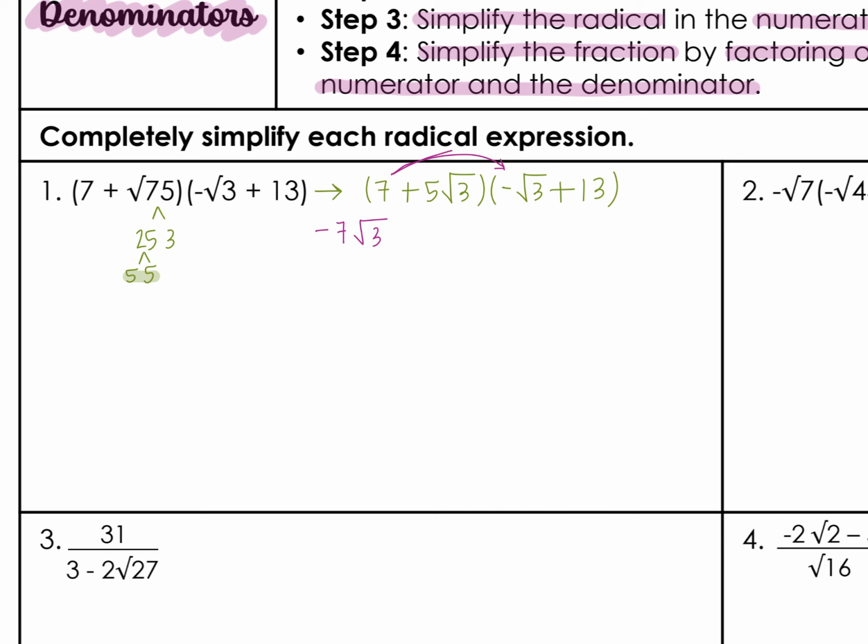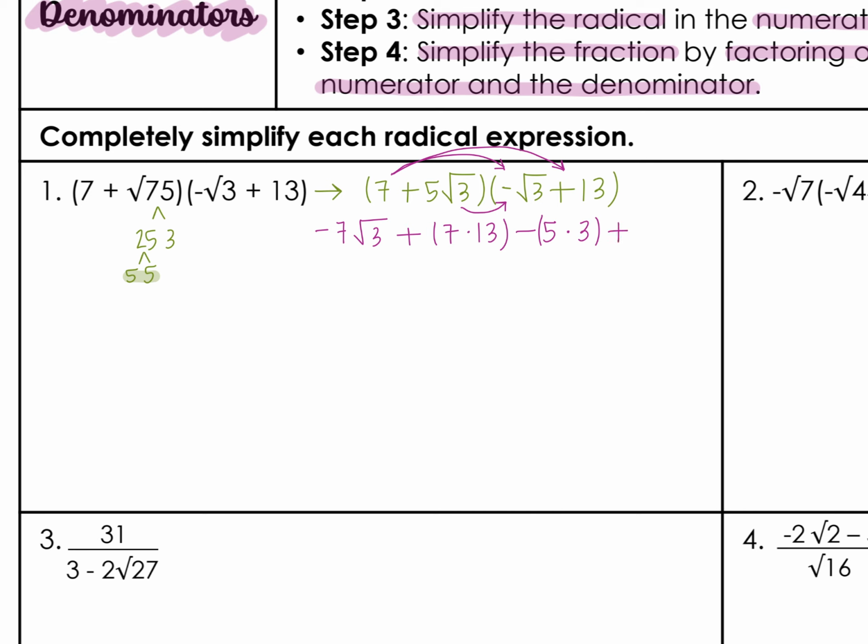And then 7 times 13. Then we're going to take 5 root 3 times negative root 3. So we're going to get a negative 5 times 3, since it is root 3 times root 3, which gives me a whole 3.